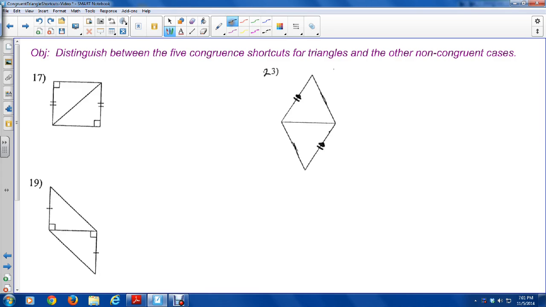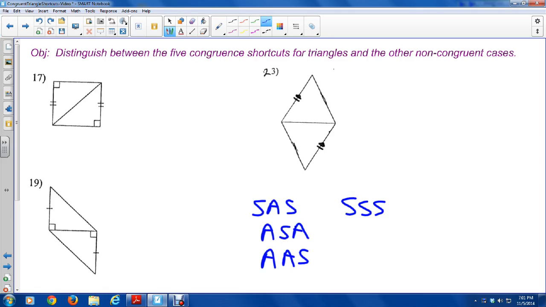So I still have the possibility of getting something like side, angle, side, angle, side, angle, angle, angle, side. And I suppose you could say side, side, side, but if you know there's a right angle, then you're probably not going to be looking at 3 sides. So we'll keep those 4 in mind along with HL for my possible options here.